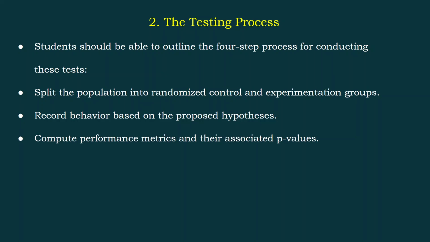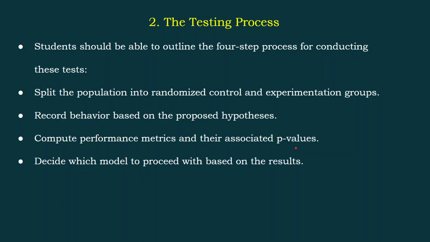And then compute the performance metrics and their associated p-values. So based on this particular data or the hypothesis, we find out how the performance metrics vary, and the associated p-values are also found. The p-values range from 0 to 1. Accordingly, the values are determined.